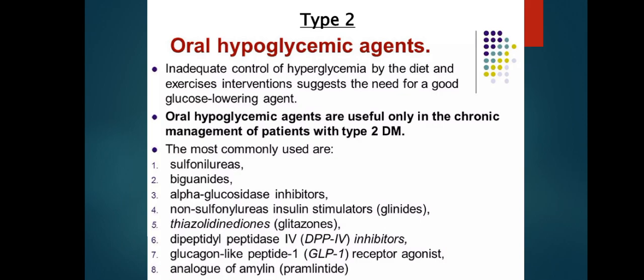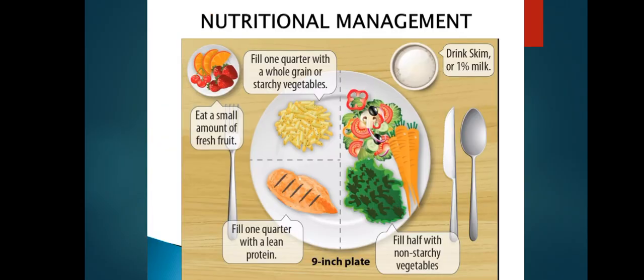Most commonly used are sulfonylureas, biguanides, alpha glucosidase inhibitors, and non-sulfonylurea insulin stimulators. These are all hypoglycemic agents given to patients suffering from type 2 diabetes mellitus.